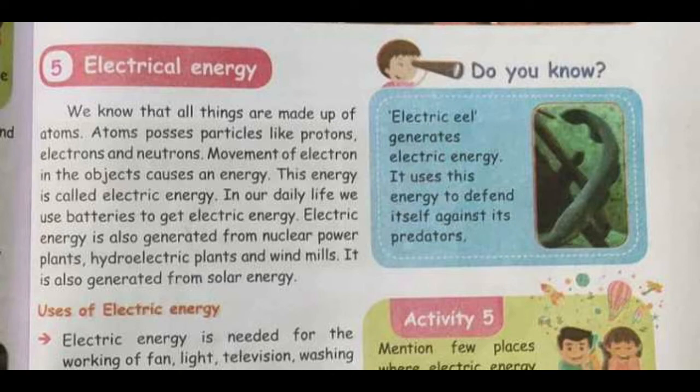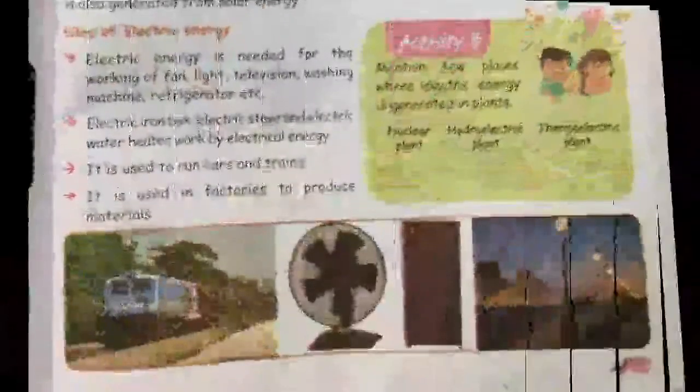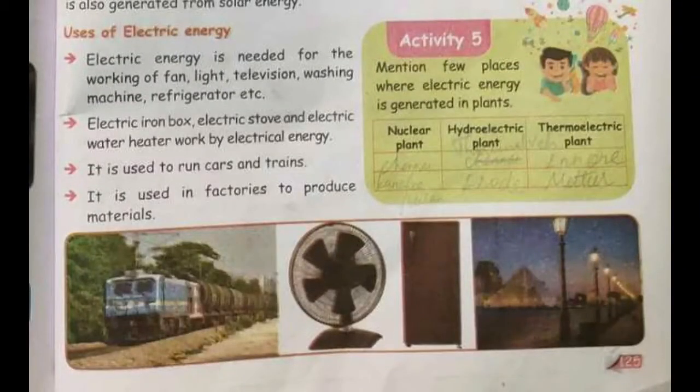The uses of electric energy are: electric energy is needed for the working of fans, lights, television, washing machine, refrigerator, etc. Second, electric iron box, electric stove and electric water heater work on electrical energy. Third, it is used to run cars and trains. Fourth, it is used in factories to produce materials, etc.